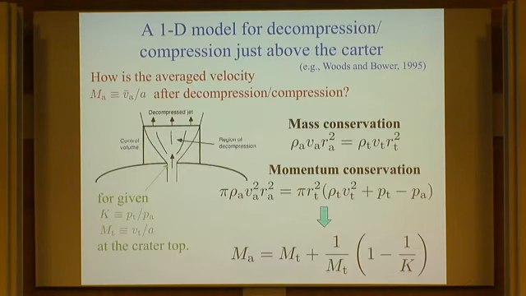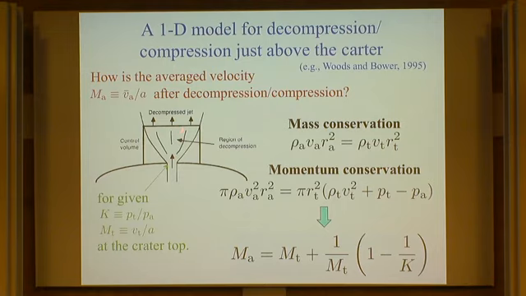So we can construct a 1D model using these quantities. This was also done by Andy and Bauer: a 1D model for decompression and compression just above the crater. The problem is finding the average velocity after decompression or compression for a given pressure ratio, PT over PA, and Mach number, VT over sound velocity, at the crater top. From now on we use Mach number instead of velocity.